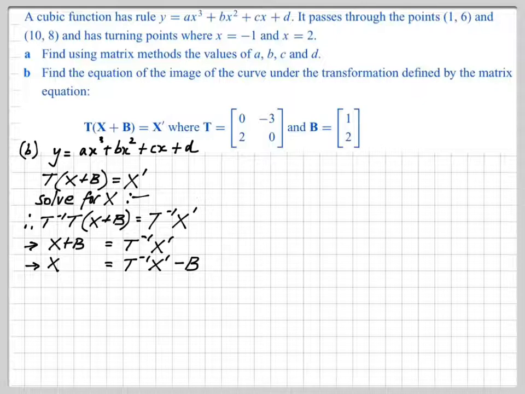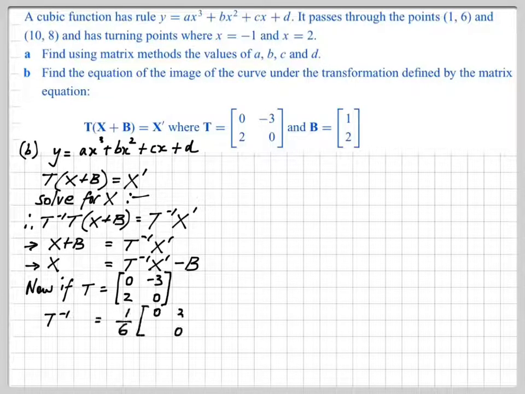So now I've done it. That's all I've got to get to, guys, and I'm there, okay? So if t is that thing, I'm going to find its inverse. Now, if you don't know how to find the inverse of a matrix, you better go back and figure it out. But you go 1 over the determinant, which happens to be 1 over 6, and then you reverse the zeros, but they're already zeros, and then you negative those other terms.